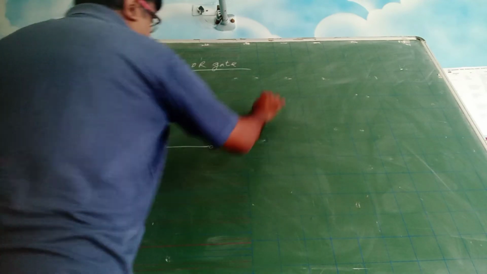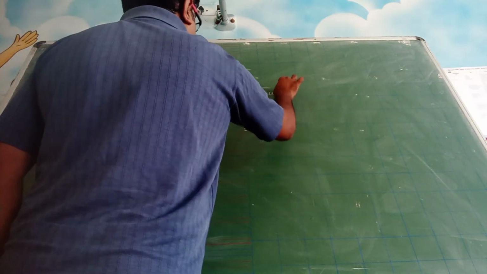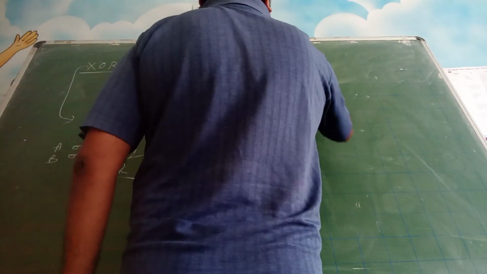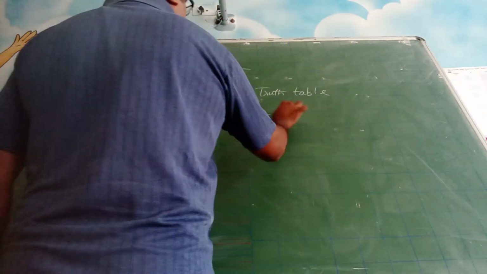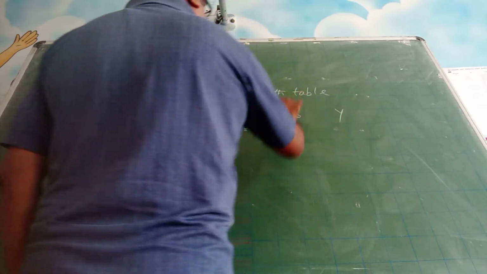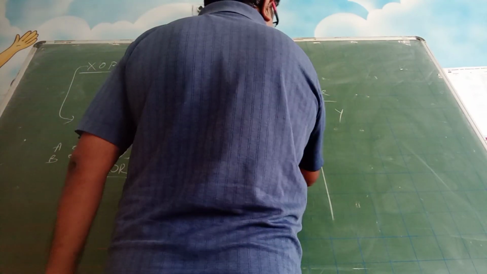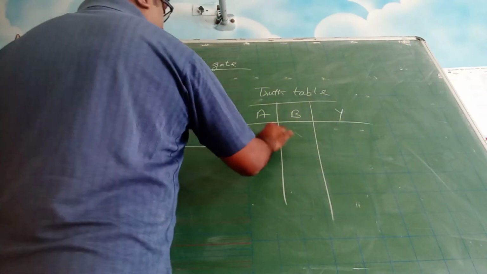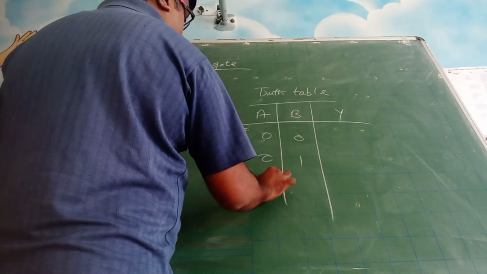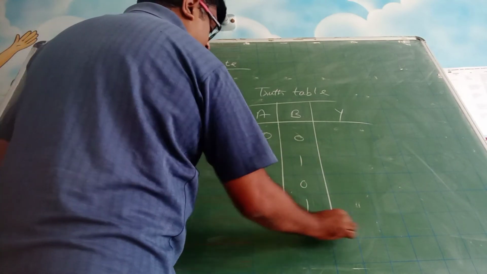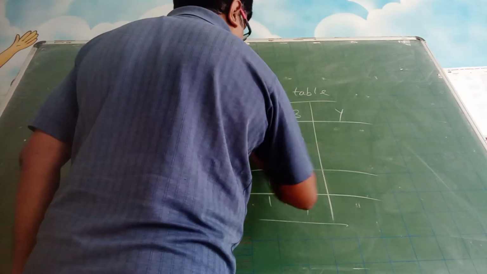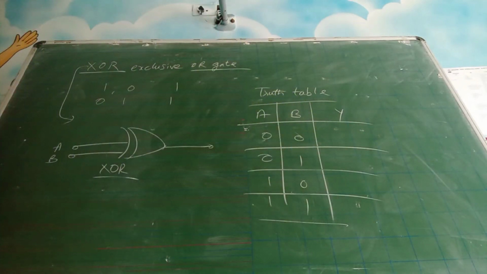If you draw the truth table, just write A, B and Y. Okay, 0 0, 0 1, 1 0 and 1 1. These are the 4 possibilities, right? Alright.